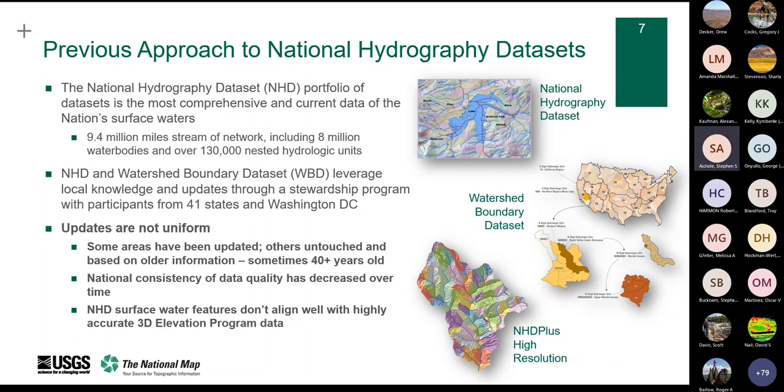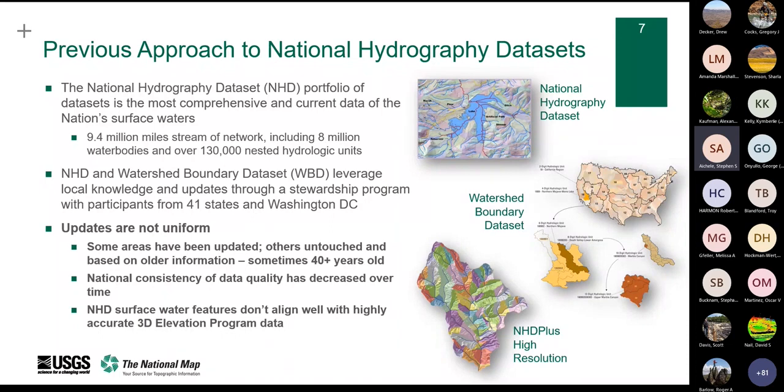Unfortunately, we haven't had the resources to do proper maintenance on that data. And so stewardship has been the path, and many stewards have been active at various points over the years. But a lot of the data also hasn't been touched.